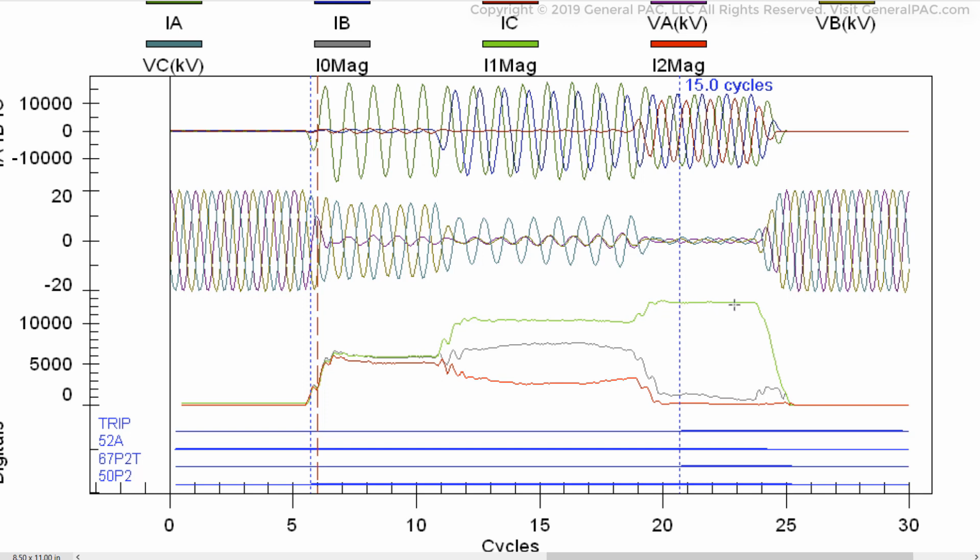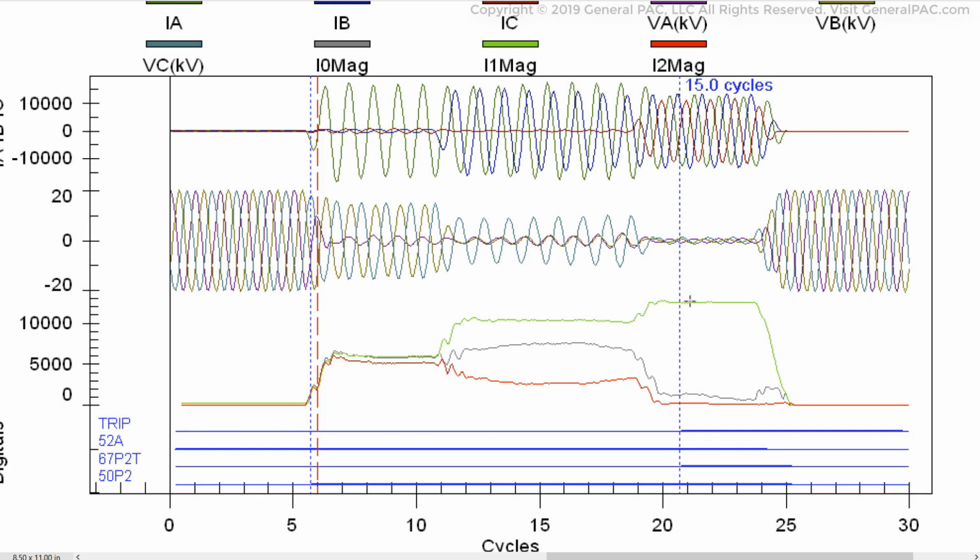So what this is telling us is that it becomes a three-phase fault in which the phase currents are relatively balanced, which means we'll get a drop off of the zero sequence current and the negative sequence current because they are measuring the unbalance in our phase sequence.